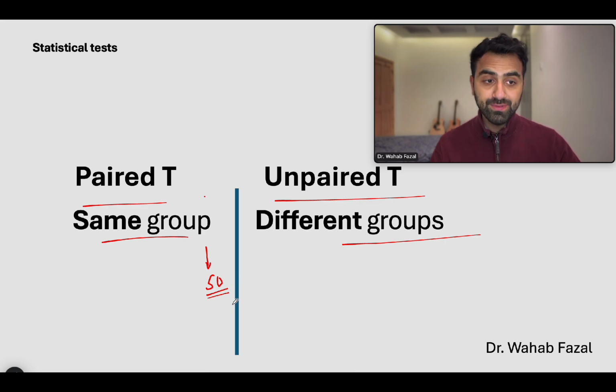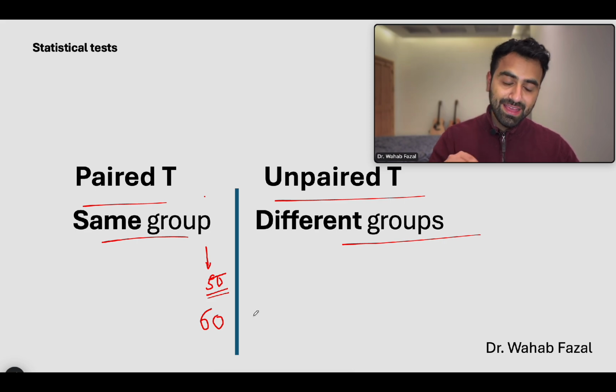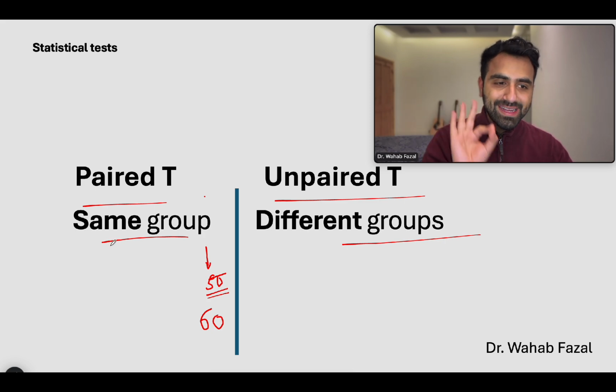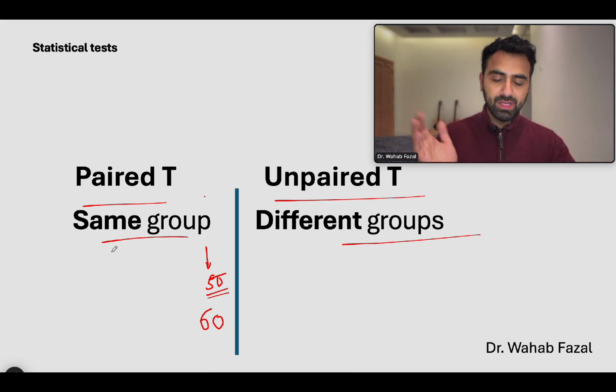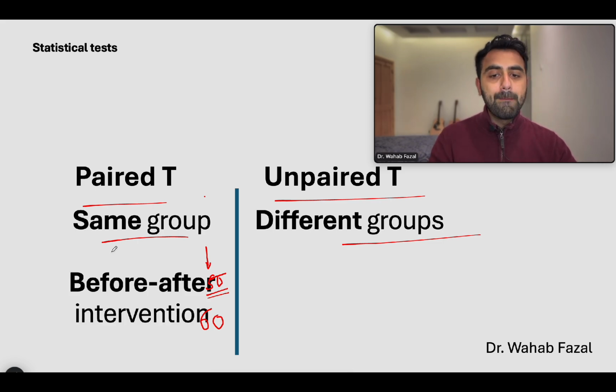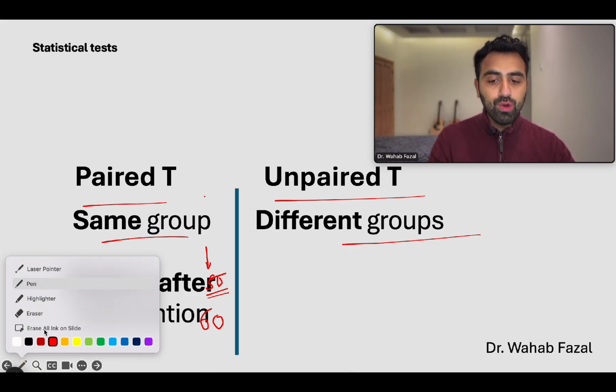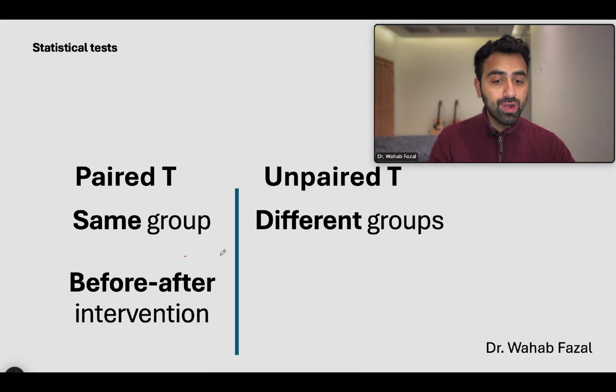Now you give them some new fancy shoes, and after giving them the new shoes, in the same group you get 60 goals. Whether giving them new shoes improved their goal scoring or not is where you apply a paired t-test, because it's for the same group before the new shoes and then after the new shoes. Therefore, paired t-test is usually for a before-after intervention.